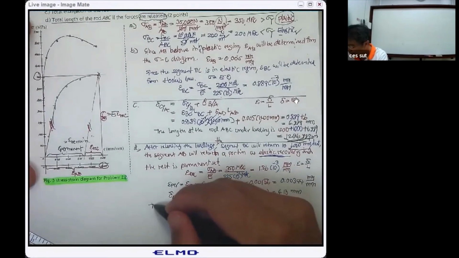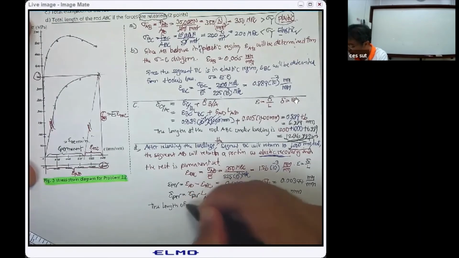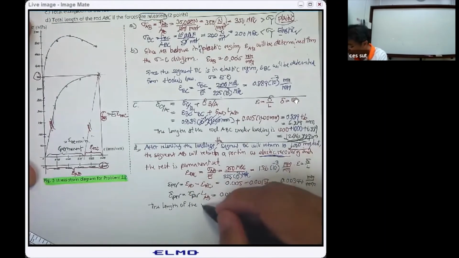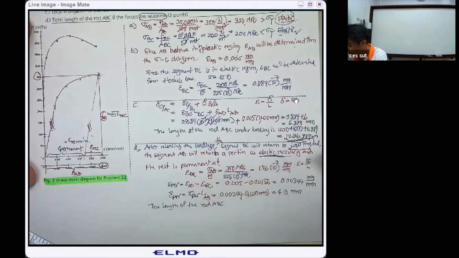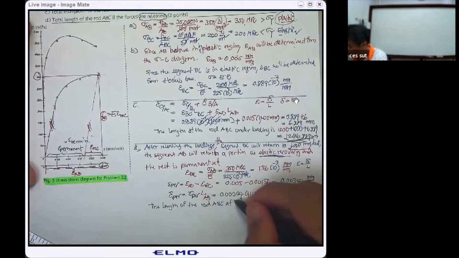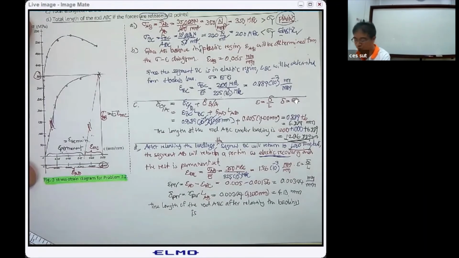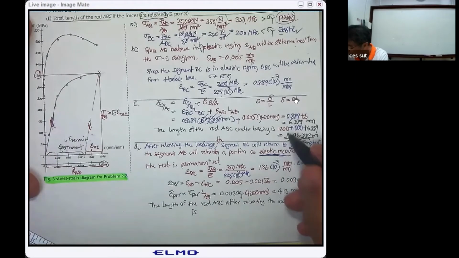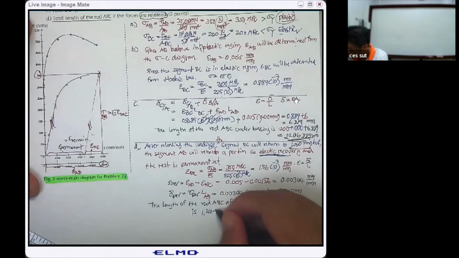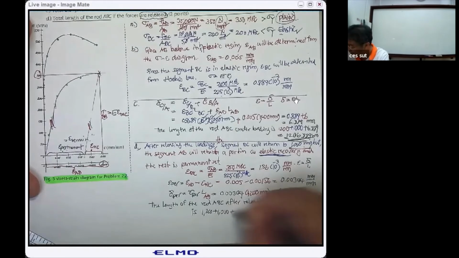So the length of the rod ABC after releasing the loadings is going to be the same thing as before, 1,200 plus 1,000 plus 4.13.